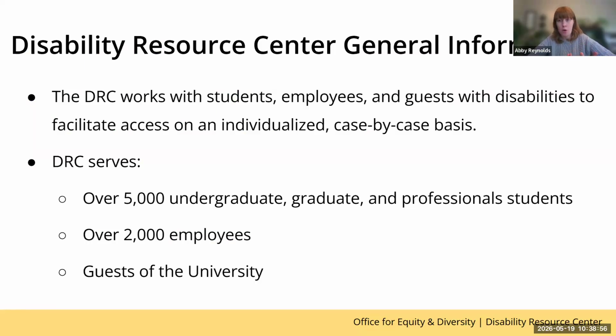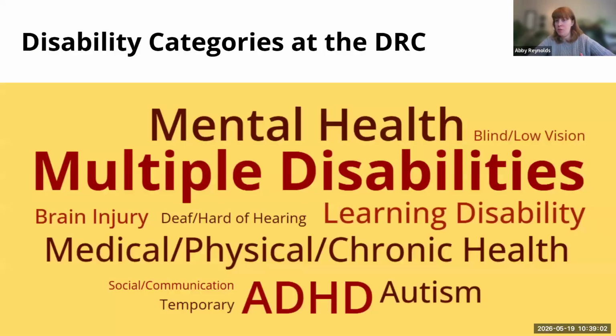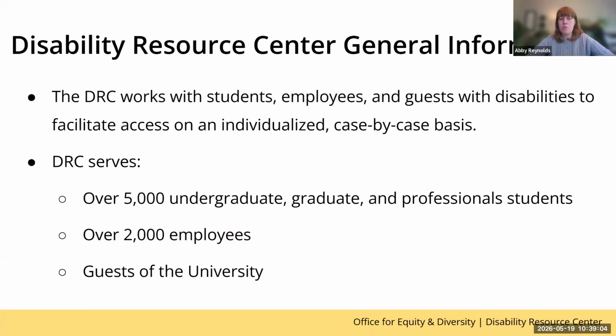So overall, we serve about 5,000 undergraduate, graduate professional students, 2,000 employees, and again, guests of the university. I always like to hit on that point because we just got done with our commencement ceremonies for the year. So guests to the university for things like that, and also guests in the form of incoming new students and their guests that they might bring to activities like orientation. So that is a realm that we operate in.